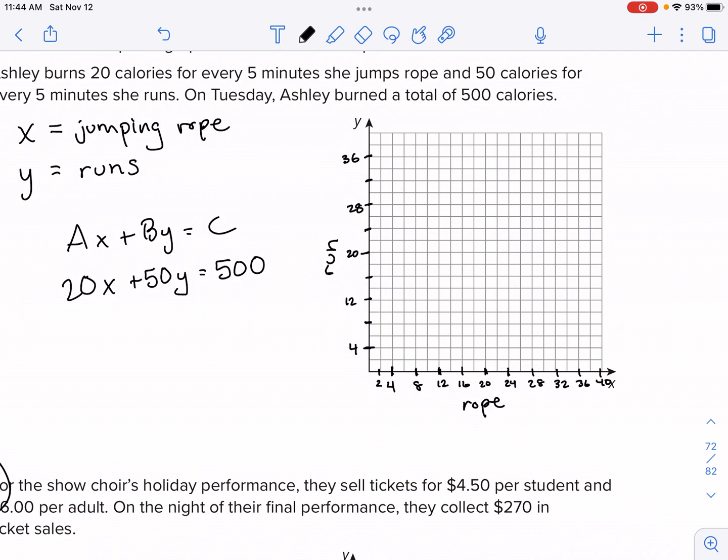All right, so for the x-intercept, I'm going to annotate on here and then erase as we go on. X-intercept, the y value is 0. So this is 0. If you divide both of these by 20, the x-intercept is whatever 500 divided by 20 is.